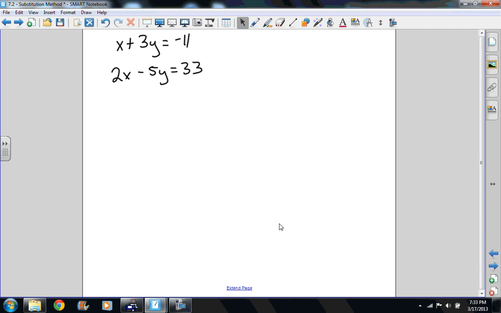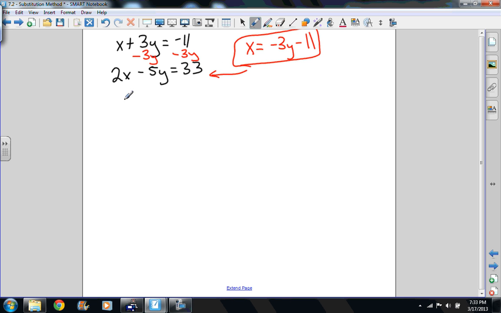Okay, for this one, I took the top equation and I subtracted the 3y over to get x by itself. So I got x equals -3y minus 11. And I plug that here. So I get 2 times -3y minus 11 minus 5y equals 33.